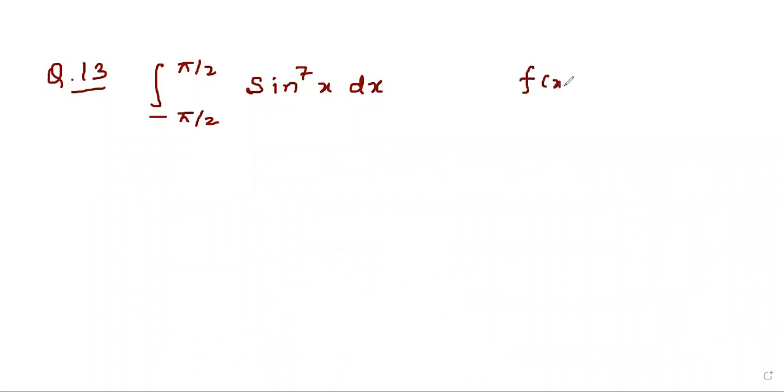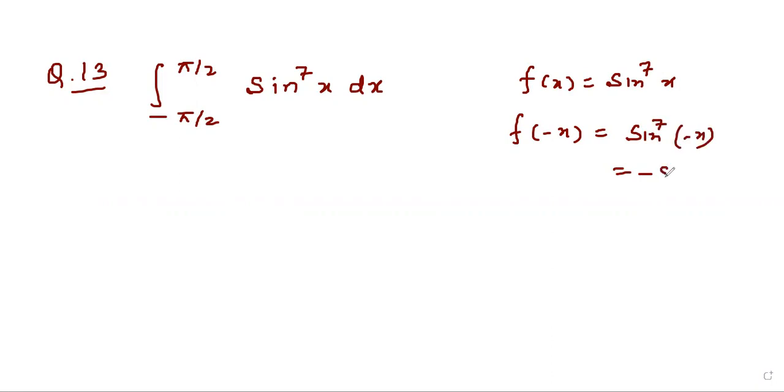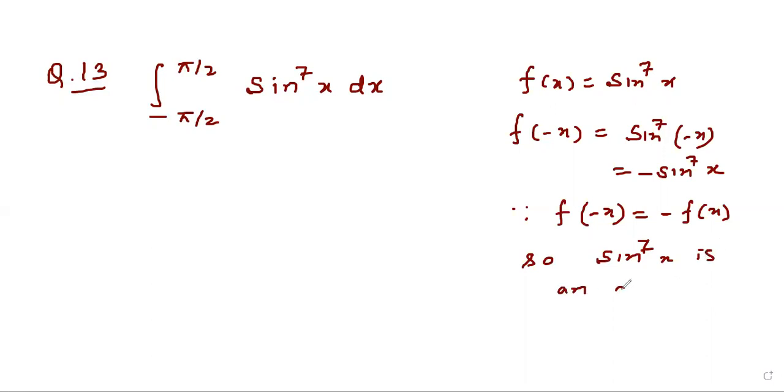So f(x) equals sin power 7x. If we replace x by minus x, it will become sin power 7 of minus x, so this will give minus sin power 7x. Since f(minus x) equals minus f(x), sin power 7x is an odd function.